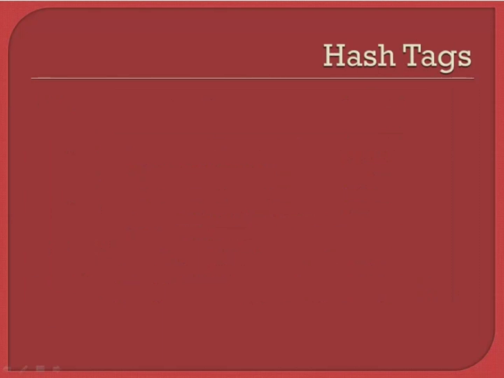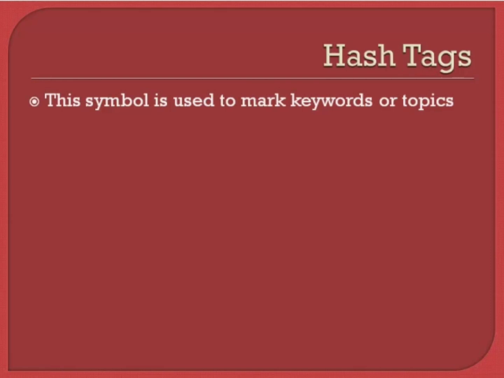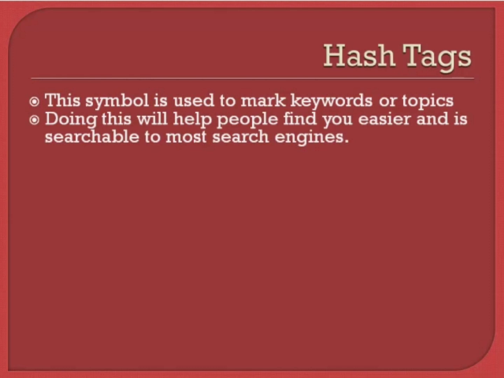Now let's talk about hashtags and how you can use them correctly. This symbol is used to mark keywords or topics, and doing this will help people find you more easily and is more searchable to most search engines. As you can see, the hashtag is just a number sign. You put a number sign and then you put the keyword.